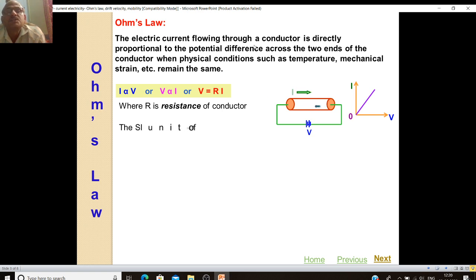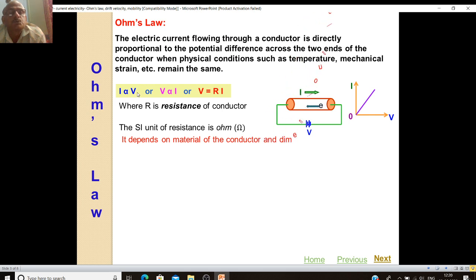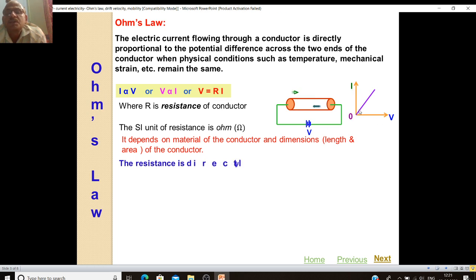And if we see the statement, the electric current is directly proportional to potential difference. So I is proportional to V, or V is proportional to I. If we plot the graph between V and I, we will get a straight line passing through the origin.